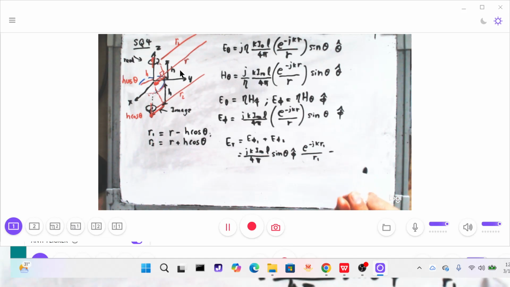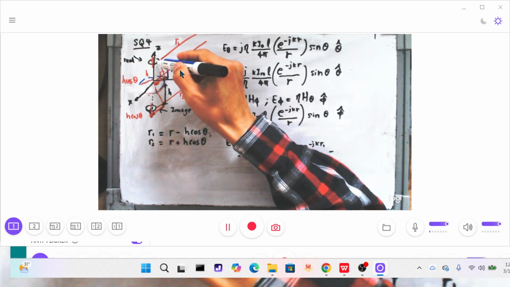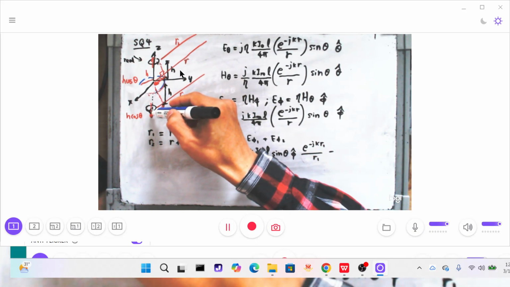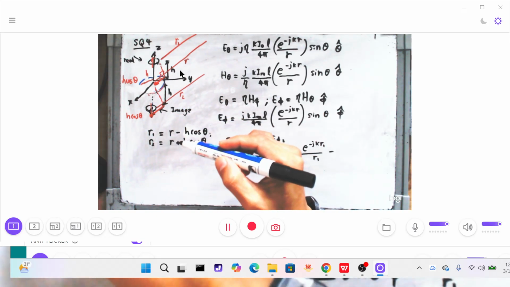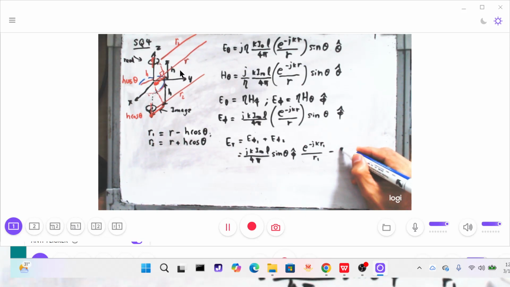And then the second term, right, you have to be careful because the upper term is in the anti-clockwise direction, but the lower term, the magnetic current in the loop is in the clockwise direction, so it's opposite. So you need to use minus here.